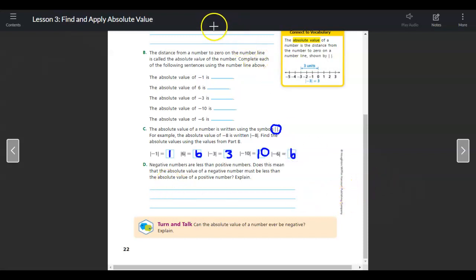On D, negative numbers are less than positive numbers. Does this mean that the absolute value of a negative number must be less than the absolute value of a positive number?